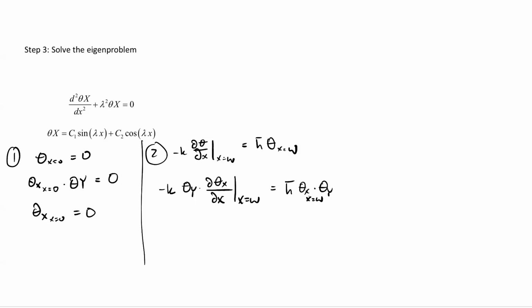So now on both sides of this equation, we have theta y, which again is not changing as a function of position x, so this can cancel out. Our restated boundary condition is just minus k times d theta x dx, now the normal differential operator, no longer partial, at x equals w is equal to h bar times theta x at x equals w. Those are our two x direction boundary conditions that we've now restated in terms of theta.